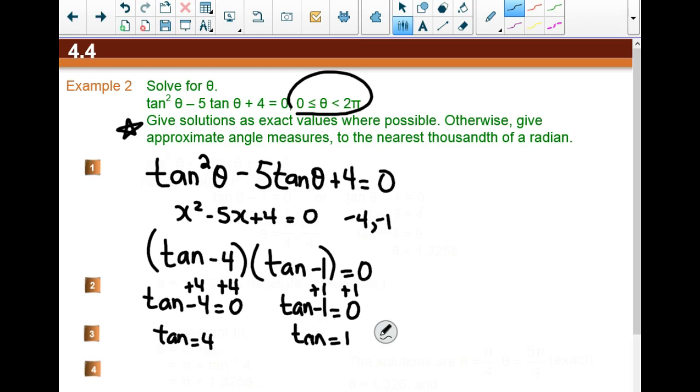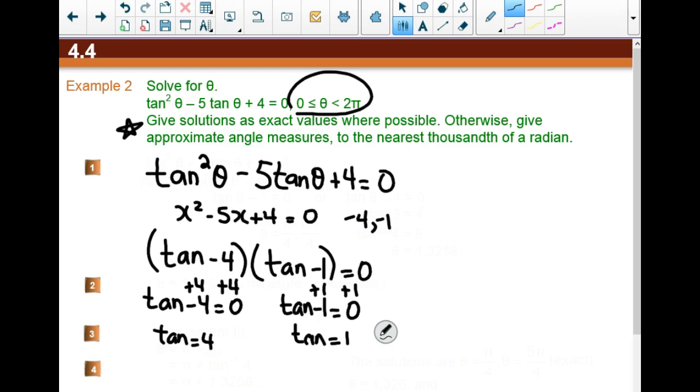Okay, so tan 4 is not something that shows up on the unit circle, right? If we have whole values, they're 0 or 1. So we're going to have to do an approximate for that one. So you would switch your calculator to radians, and you would go tan 4.